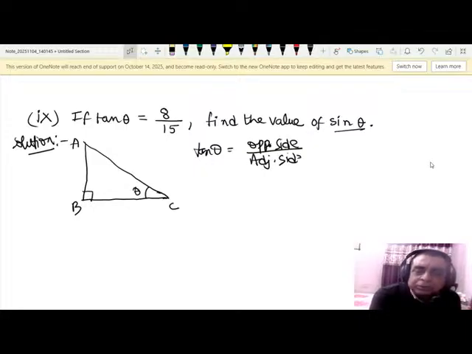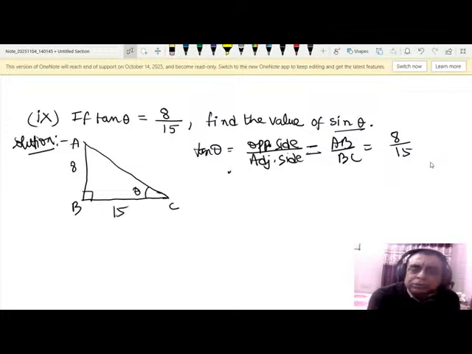Okay. So what is the opposite side of this theta which I have marked is AB. And the adjacent side is here BC. So this is given to us, tan theta is 8 upon 15. So AB you take 8 units and BC you take 15 units.